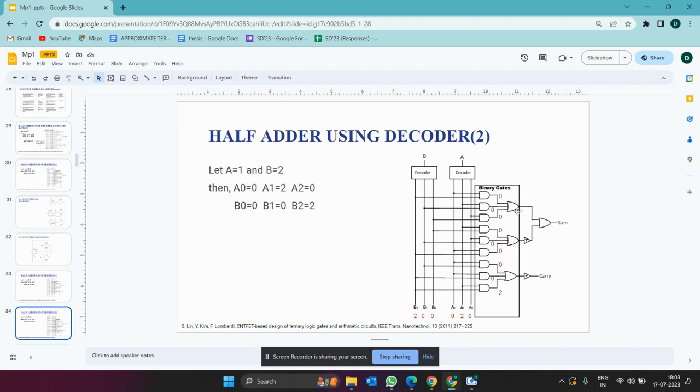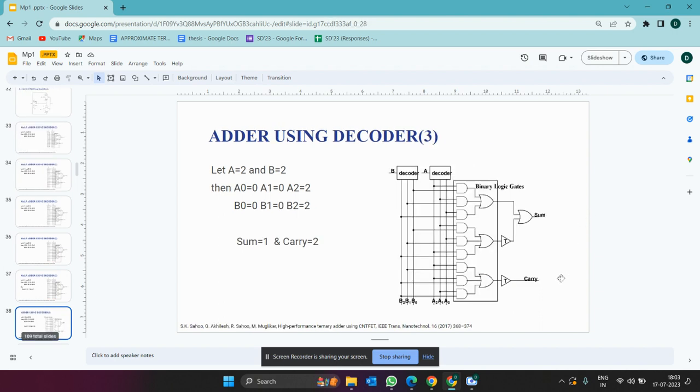After this we get 0 here, 0 here, and 0 here. This 0 is converted into 0 by using, so therefore we get sum as 0 and carry as 1.